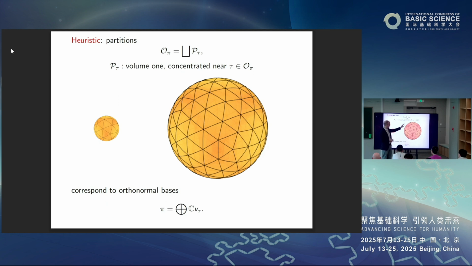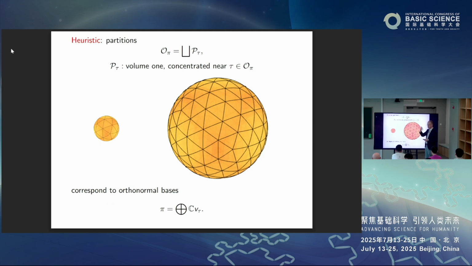So of course, taking a volume up here and dimension down here will recover the earlier identity. Where the vectors v tau here should somehow be described by the corresponding partition element. So for each triangle here, we get a vector down here, and somehow all of the triangles will combine together to give a picture of the entire representation or the entire sphere.